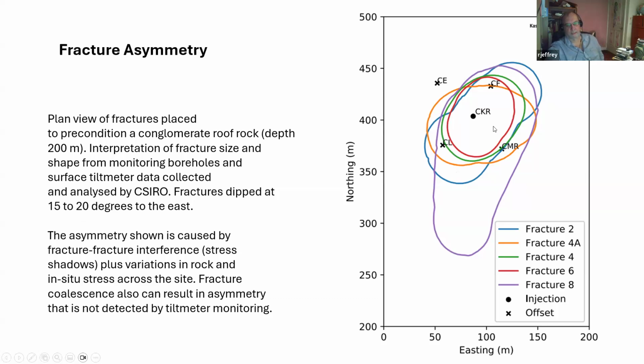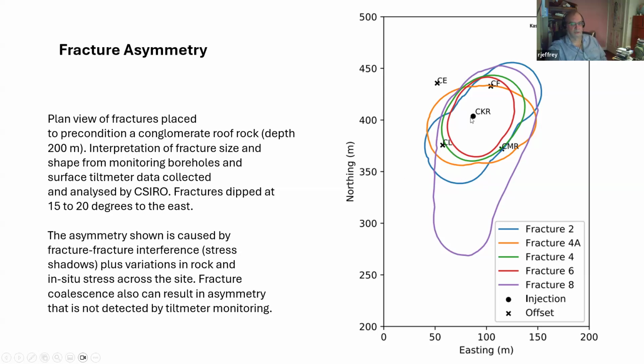But the important thing is that this clearly shows the development of asymmetric fractures in the rock as a result of fracture to fracture interaction and interaction of the fractures with the natural fractures and with the stress field. So we see this over and over again wherever we carry out a carefully monitored study of fracture growth. And it's a significant issue.